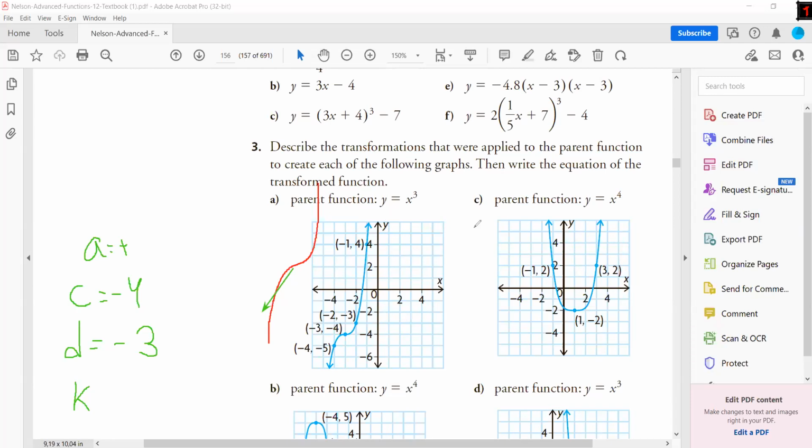And if the parent function was x to the third power that passes through the origin of the coordinate axes, we translated it, and we know for sure that a is positive, and here we can see when x equals -1, y equals 4.